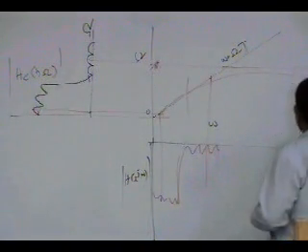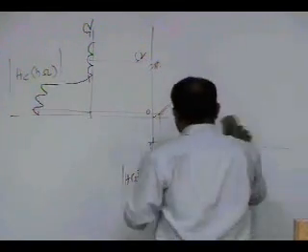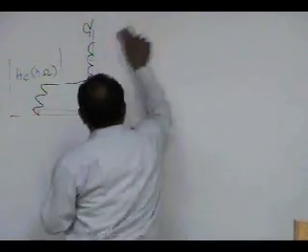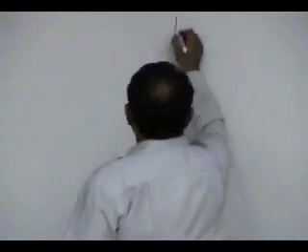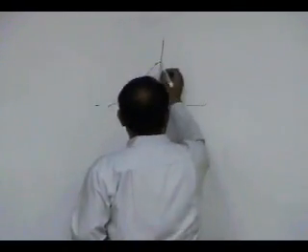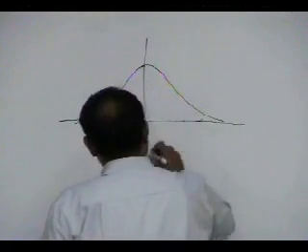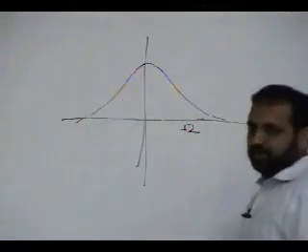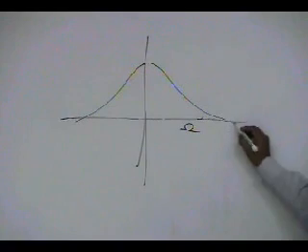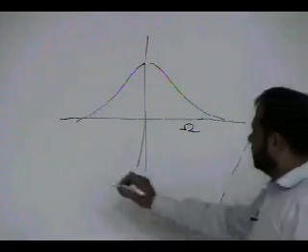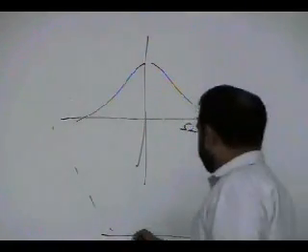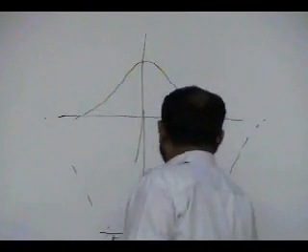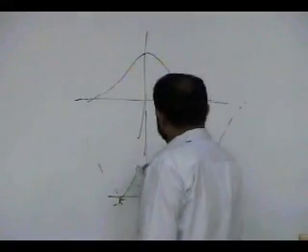This is the motivation behind the bilinear transformation. This is your capital omega axis, and you want the entire axis to be mapped to another axis which never goes beyond minus pi and pi. So this is the real motivation.